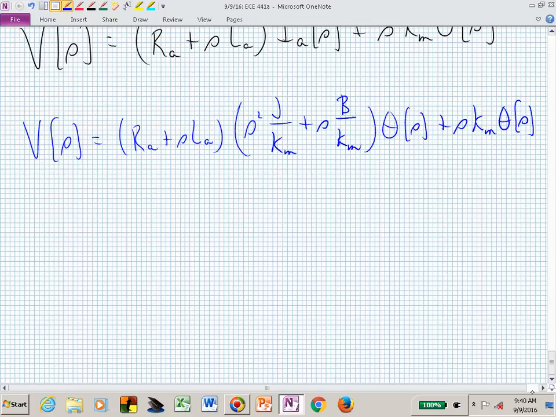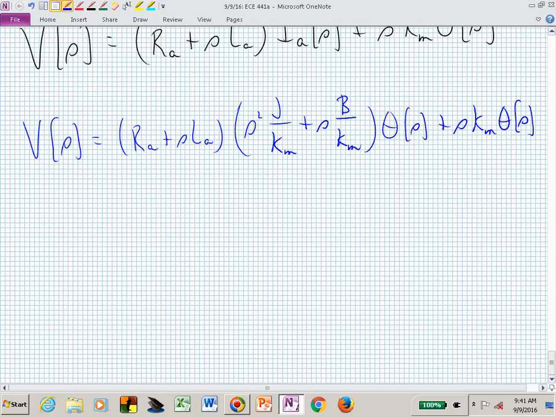And are you getting as excited as I am? And the answer is yes. What do I have? I now have one equation that has two unknowns that I really need in that one equation: the shaft angle, theta, and the applied voltage, V, at the armature. And I can now find my transfer function from that.